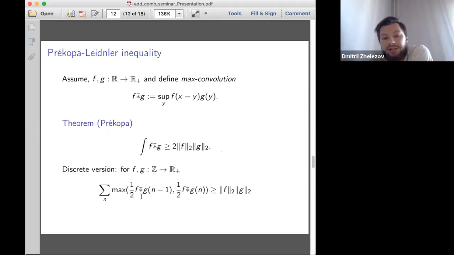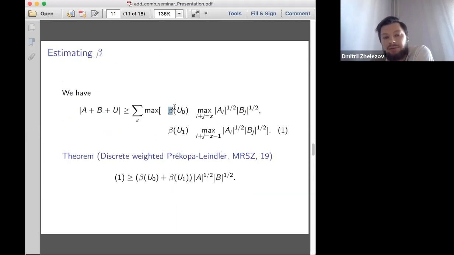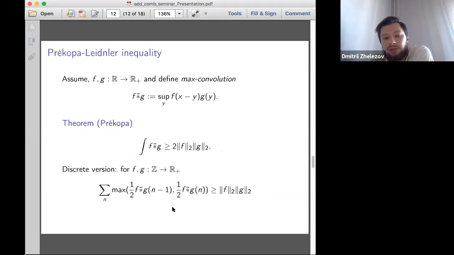In our case, let us see what happens if, for example, these betas, beta of u0 and beta of u1, are equal. And so instead of having an integral here, we have actually a sum. So sort of a discrete version of this Prékopa's inequality would look something like this.